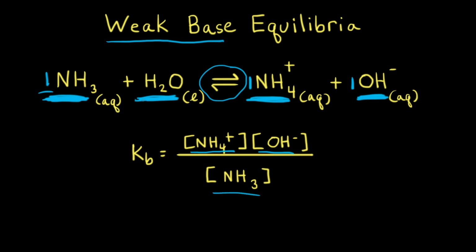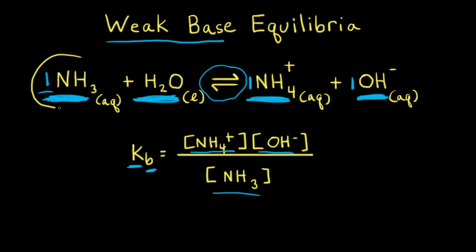Water is left out of our equilibrium constant expression. The equilibrium constant K has a subscript of b, which stands for base, and this Kb is called the base ionization constant or the base dissociation constant.